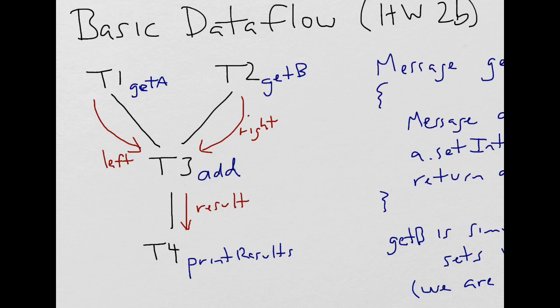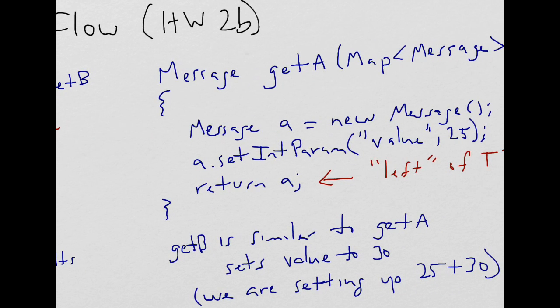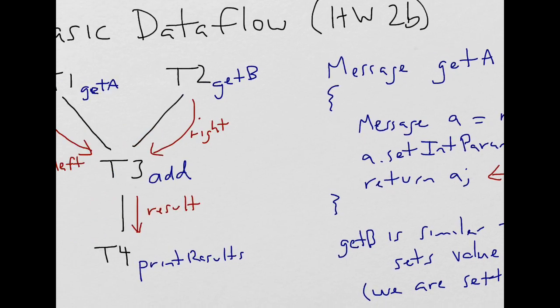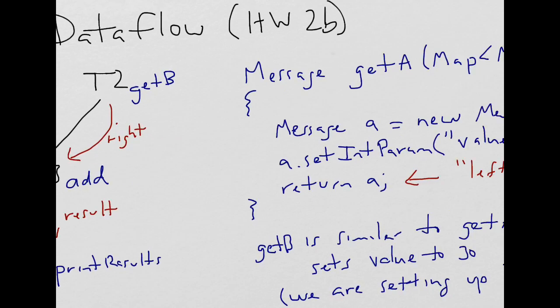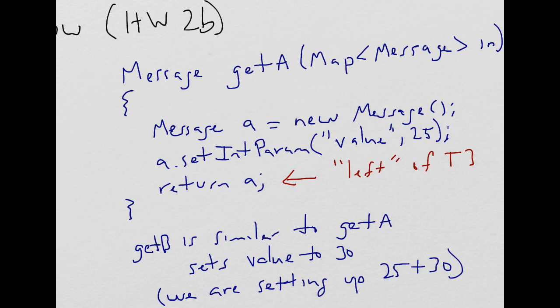Just as a side note, I want to make a general point that we could make this message type very sophisticated. Right now, we're doing things like integers, which is not the best use of data flow because data flow does have a little bit of overhead, as you can see here.